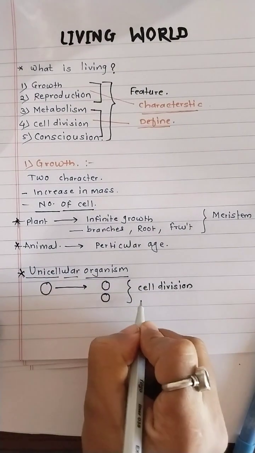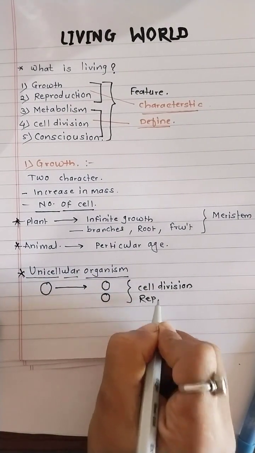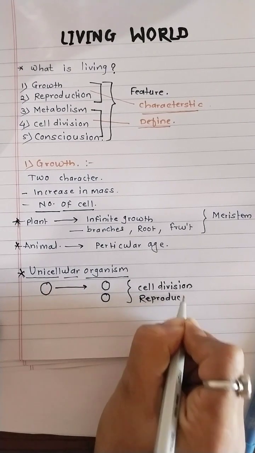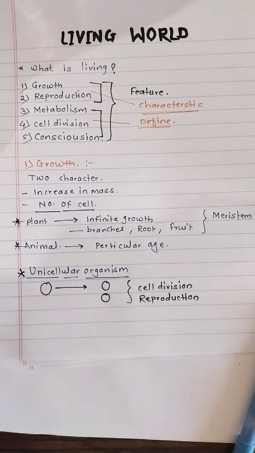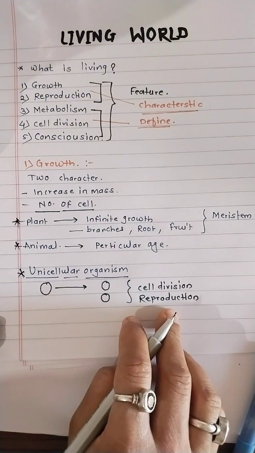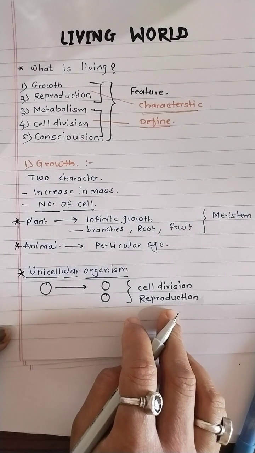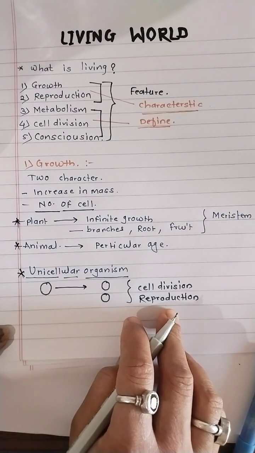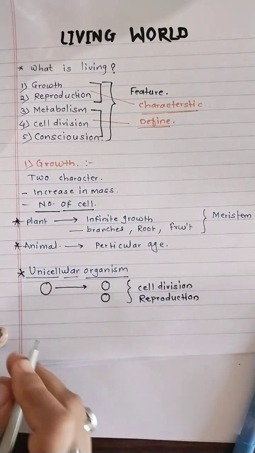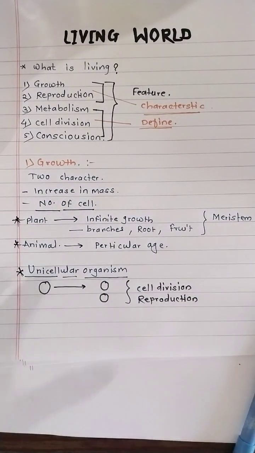In unicellular organisms this is considered reproduction. That means unicellular organisms show growth as well as reproduction. This is the case for unicellular and multicellular organisms.